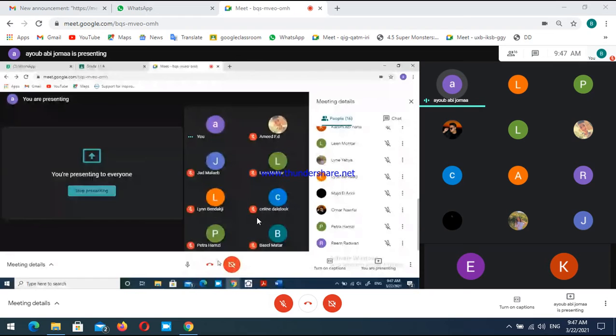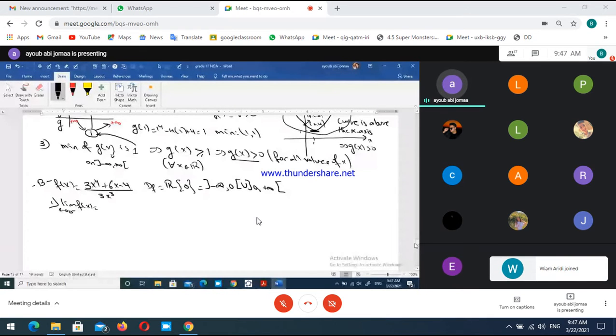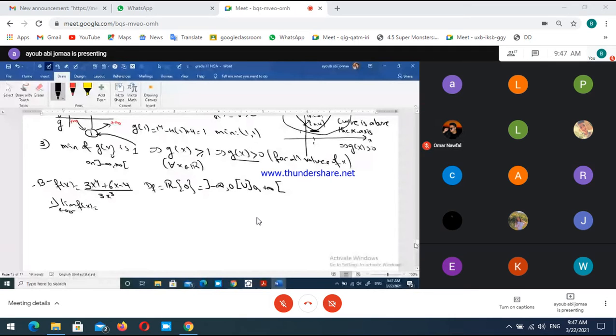Find the limit as x approaches 0 minus of this function. Limit as x approaches 0 minus of f of x. What do you have to do? You have to find the limit as x approaches 0 minus of this function f.